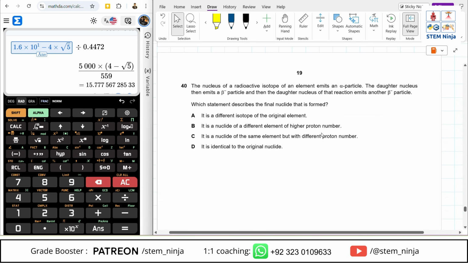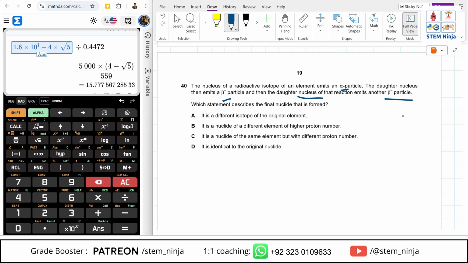The nucleus of a radioactive isotope of an element emits an alpha particle. The daughter nucleus then emits a beta negative particle, and the daughter nucleus of that reaction emits another beta negative particle. Which statement describes the final nuclide that is formed?